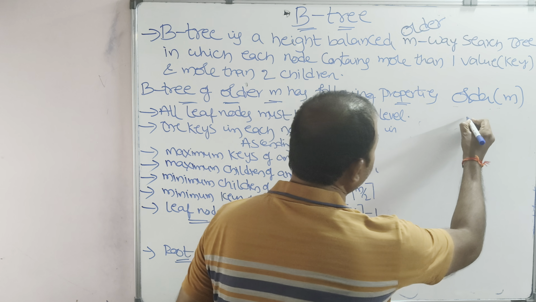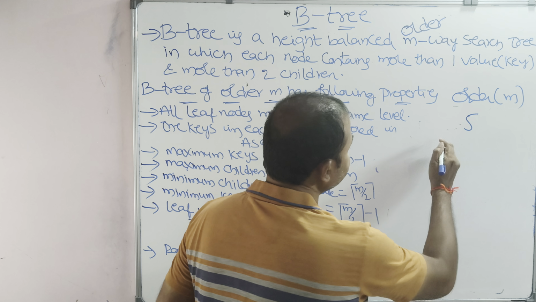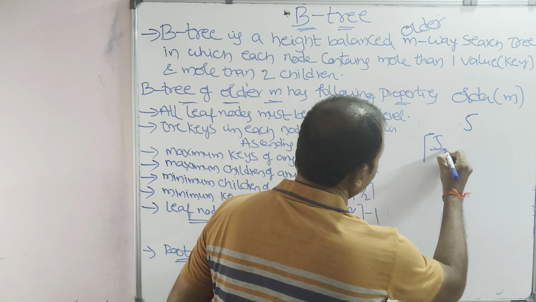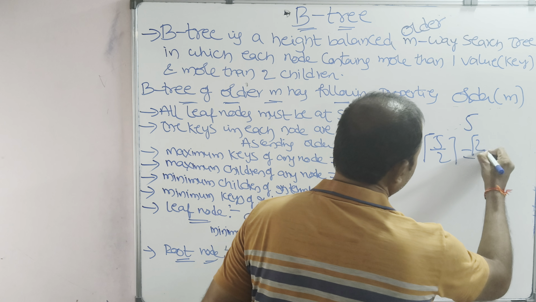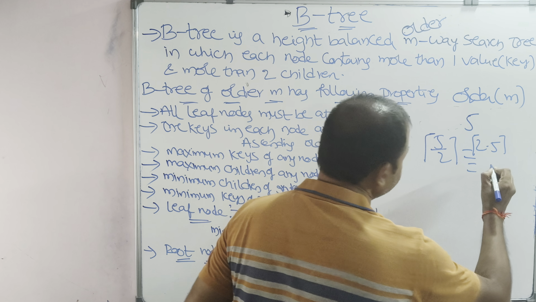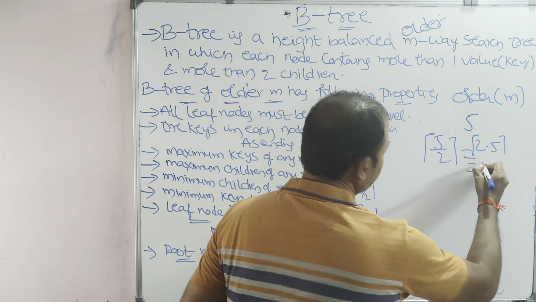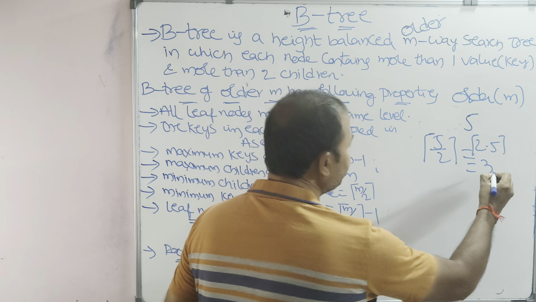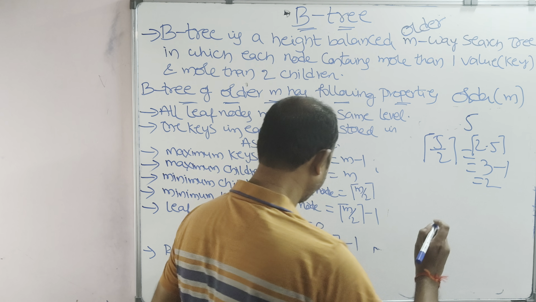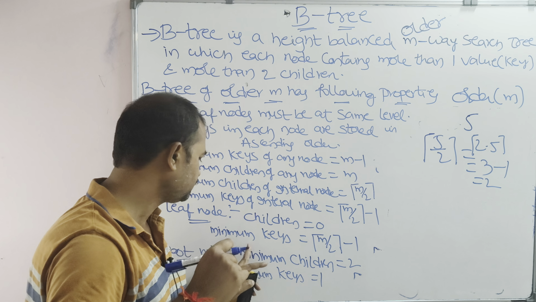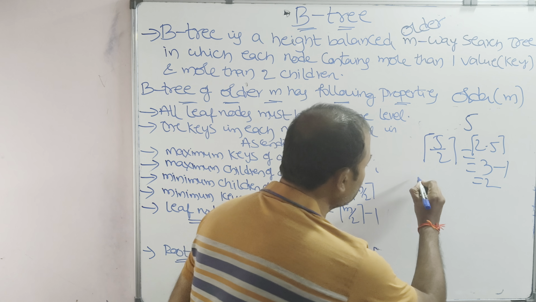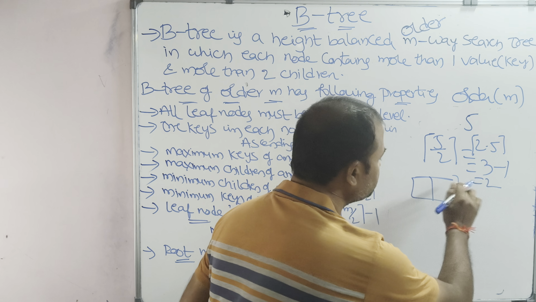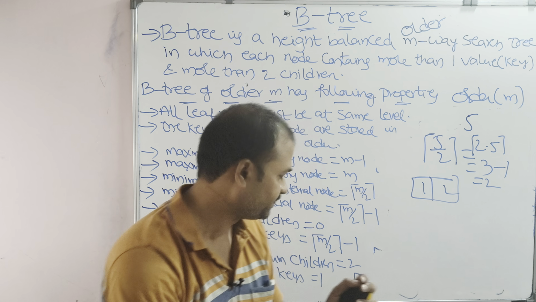So if the tree order is 5, then ceil of 5 by 2 gives 2.5, so ceil of 2.5 means the higher integer value, that is 3. So 3 minus 1 means 2. So for the leaf node also, minimum we can store 2 keys.